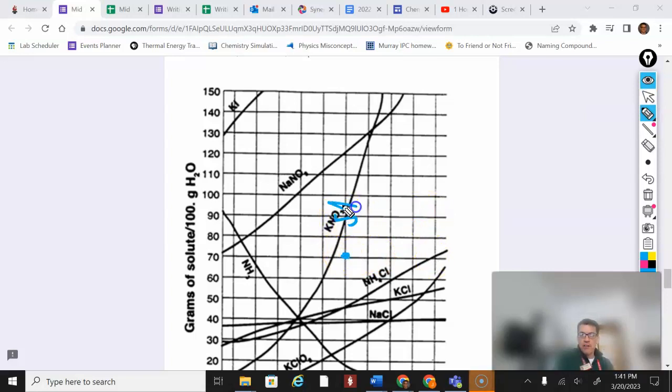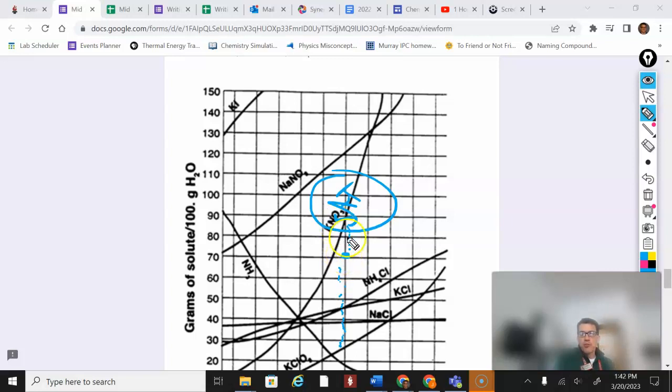Again, the line is the saturation point. And if you look at this dot, I still have some room that I could add a little bit more. The idea is as I add more and more solute to the solution, my dot would move higher and higher, going vertically up on the graph.